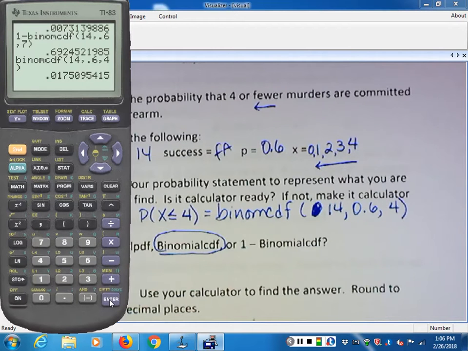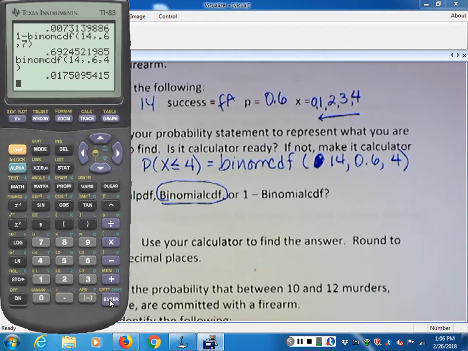So when we round it to 3 decimal places, it is 0.018.